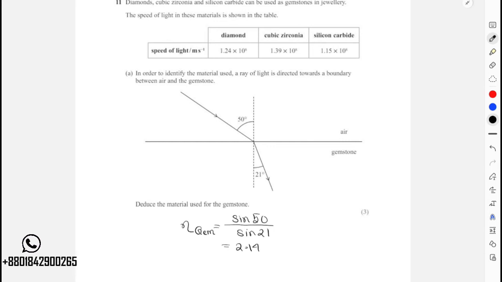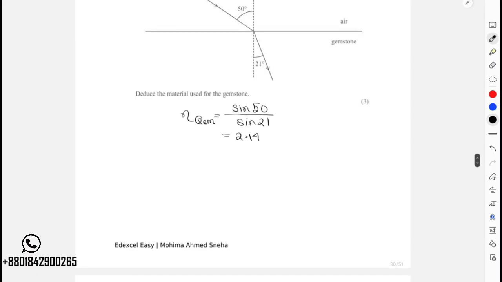So in that case I can use this exact equation and make it equivalent to speed in first medium divided by speed in second medium. Over here the second medium was your gemstone, so speed in second medium is 3 into 10 to the power 8, the speed of first medium, divided by that refractive index, that is 3 into 10 to the power of 8 divided by 2.14, which is approximately 1.402 into 10 to the power of 8.